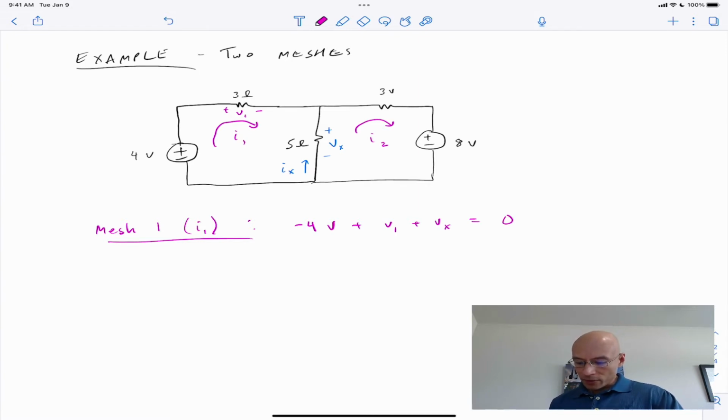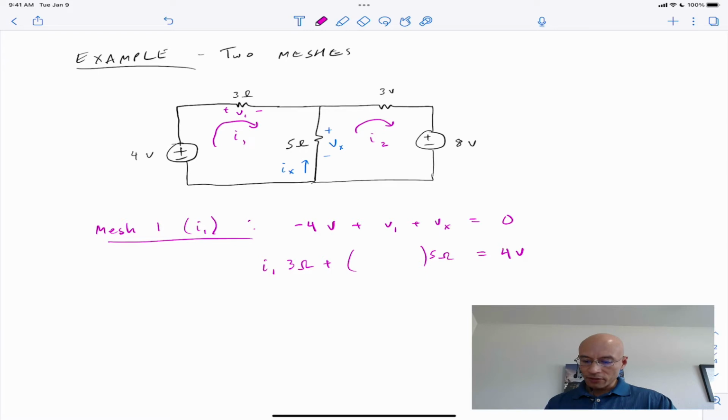What we're going to do is use Ohm's law to write these voltages in terms of mesh currents. So I'll push the 4 volts to the other side. V1 is clearly I1 times 3 ohms. And then Vx, well, that's a 5 ohm resistor.